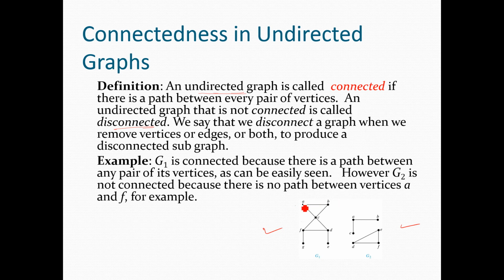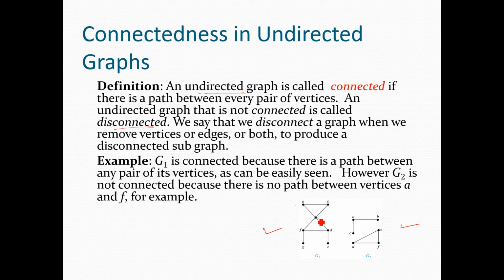For A, B, there is a path of length 1. A, B, C, there is a path of length 2. So we can find a path. A, B, C, D, there is a path again. A, B, C, D, E, there is a path again. A, B, C, D, F, there is a path between A and F.